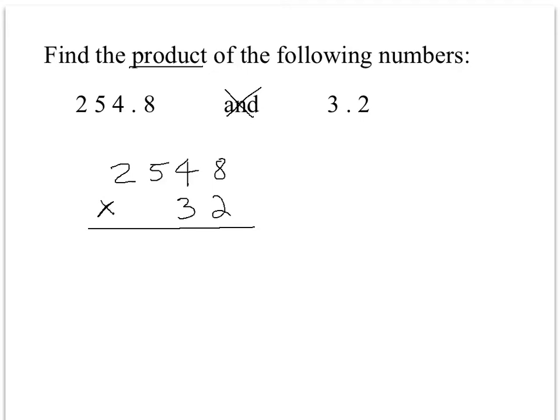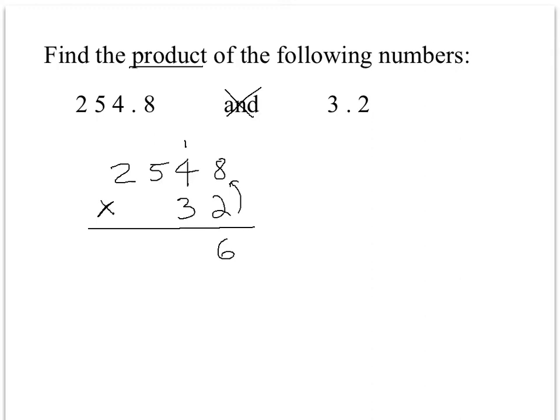Okay, so I'm just going to multiply that 2 times that 8, and 2 times 8 is 16. Remember, we write down the 6, and we take this 1 and put it up here. We call that carry the 1.